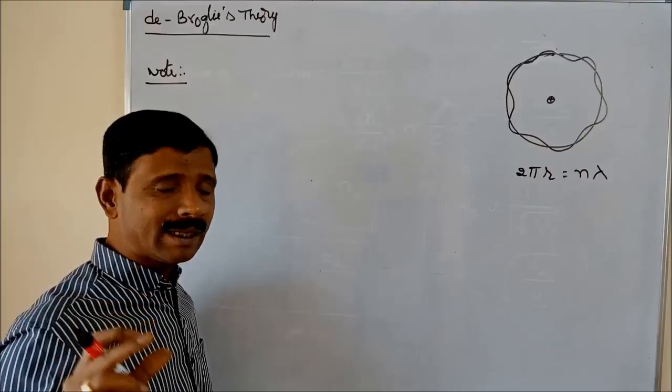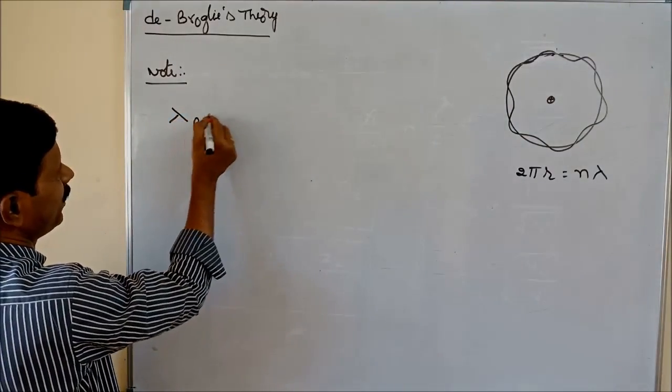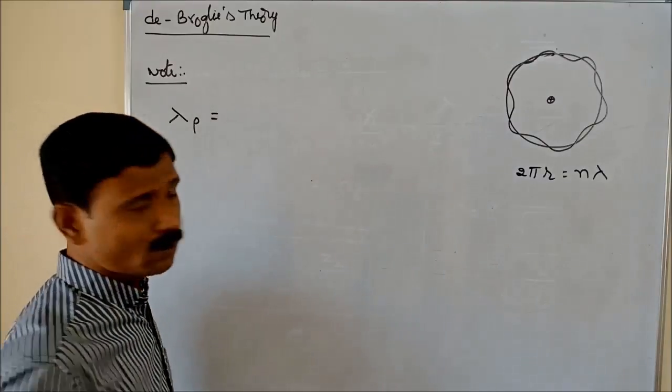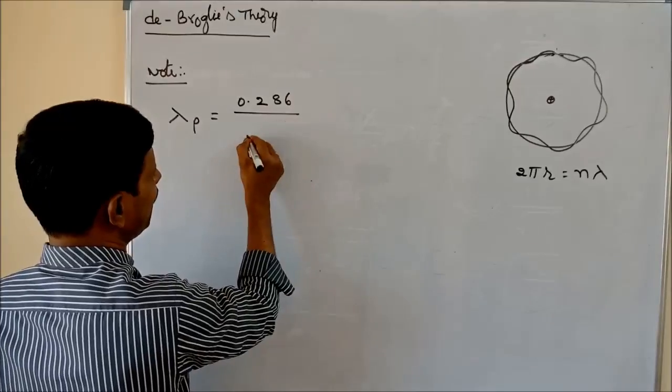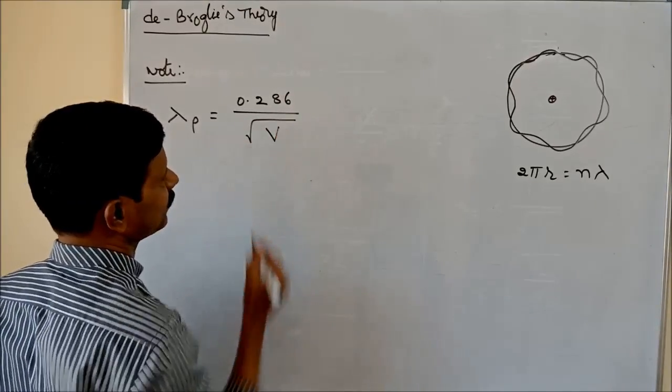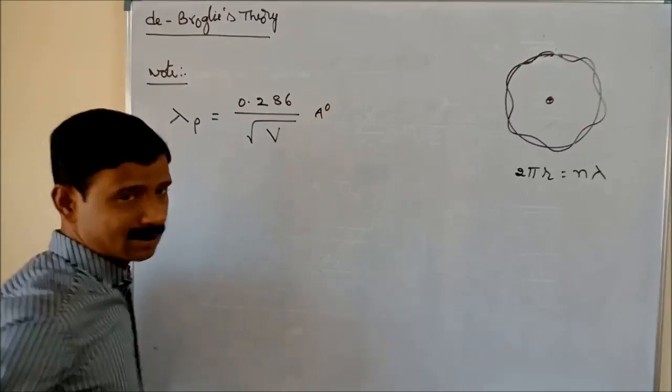See, if they are giving the accelerating potential, then the wavelength of the proton is nothing but 0.286 by root V, where V is the accelerating potential, especially in angstroms.